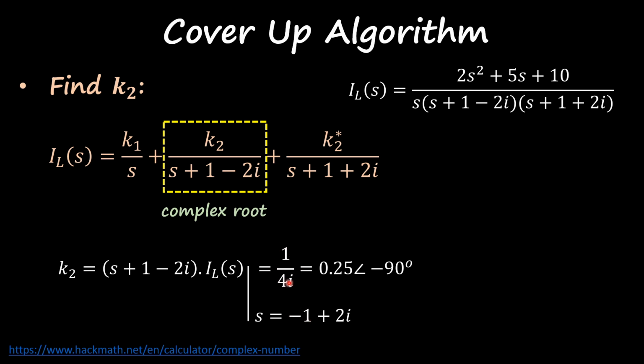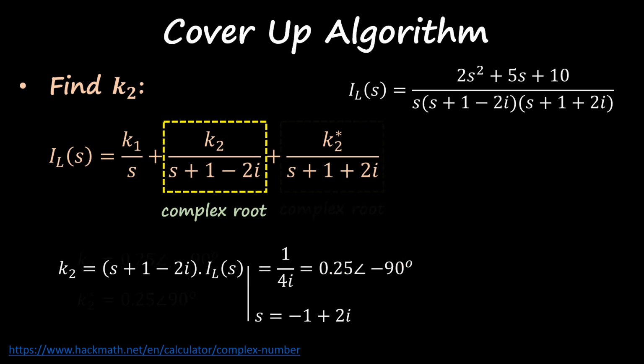You're going to get 1 over 4i in Cartesian format, and in polar form you get a magnitude of 0.25 and an angle of -90. You can do these complex number additions, multiplications, divisions and subtractions by hand, but I'm giving you here a complex number calculator, and if you put in the expression in Cartesian format, it gives you the answer in Cartesian and angular format. It's pretty cool and easy to use.